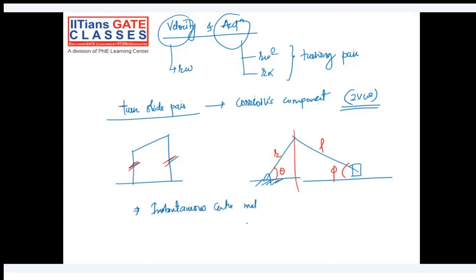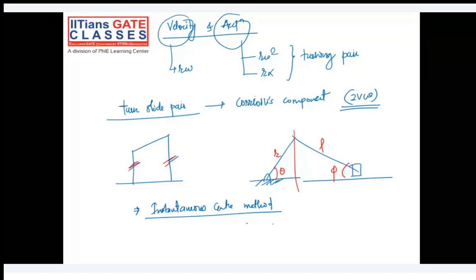We understood the concept of instantaneous center, how to find it in case of a 4-bar chain or a slider crank mechanism, and how to find the velocities using it. The number of instantaneous centers is given by the formula n into n minus 1 divided by 2.